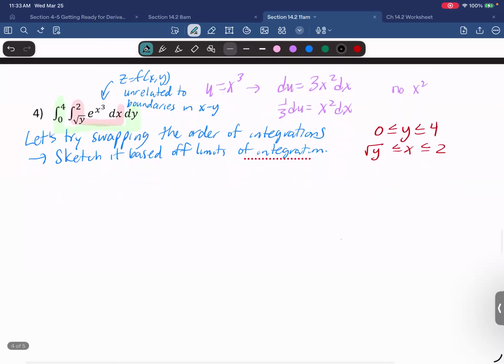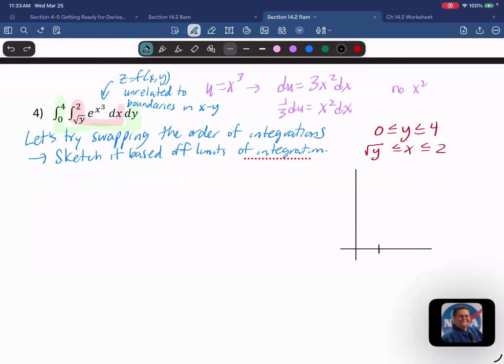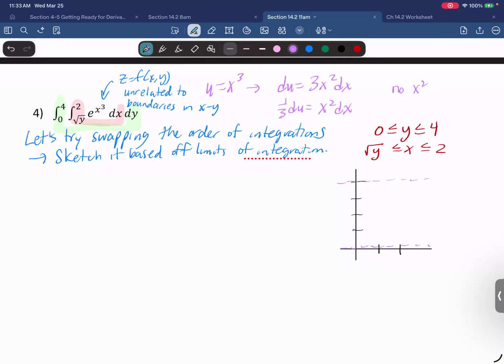So let's map that. I'm going to put in little dashed lines to indicate the boundaries we're looking at. I've got 0 and 4 right there.